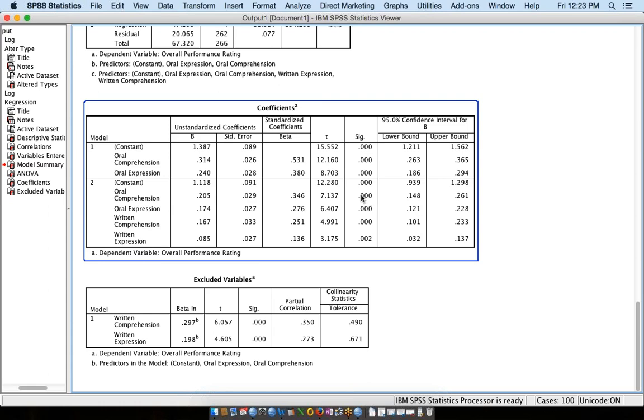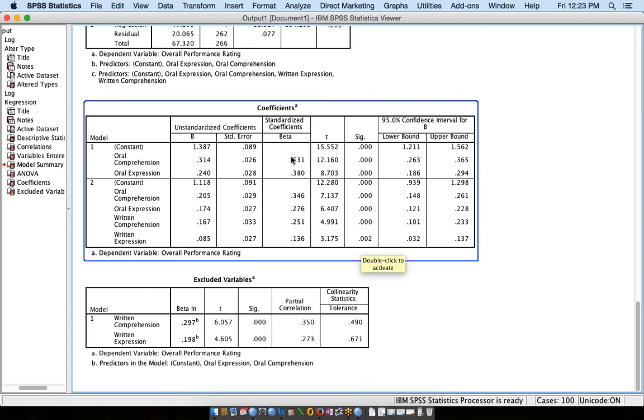And here we see that all of our predictors are significant. And we look here at the standardized beta weight to see what order of importance they're in. And this is the strongest, the next strongest, the next strongest. And these two aren't too far apart. And then you have the written expression, which is not much.